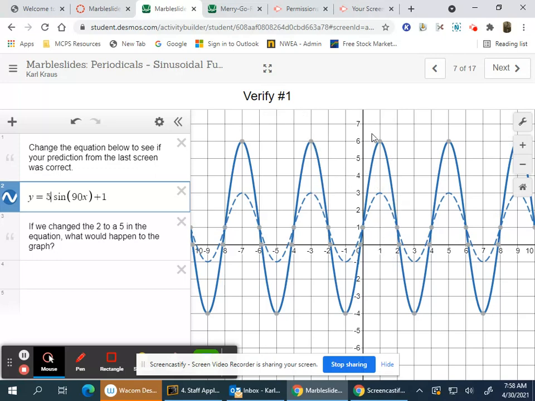So this is stretched vertically, or dilation with respect to the x-axis there. The amplitude is changing from the center line to here is 2, or from the center line to here is 5. So 1 to 6 is 5.